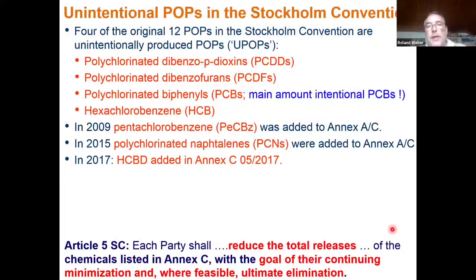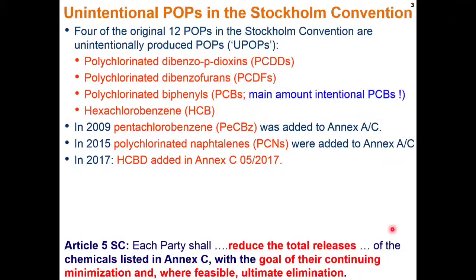In the beginning of the Stockholm Convention, of the 12 POPs, 4 of these original POPs were unintentional POPs listed in Annex C. So these were polychlorinated dibenzodioxins, PCDDs, polychlorinated dibenzofurans, PCDFs, and polychlorinated biphenyls, PCBs, which are also unintentionally formed, but the main amount are intentional PCBs.